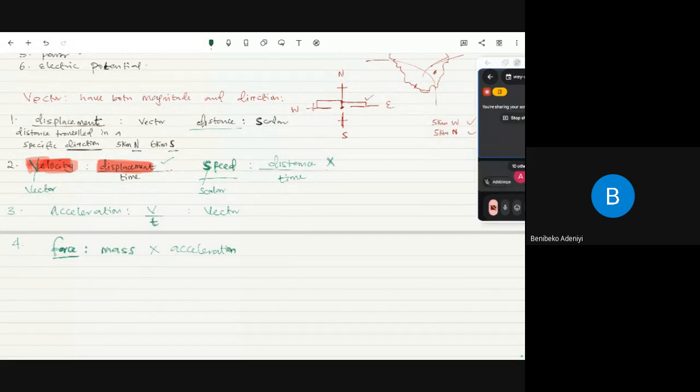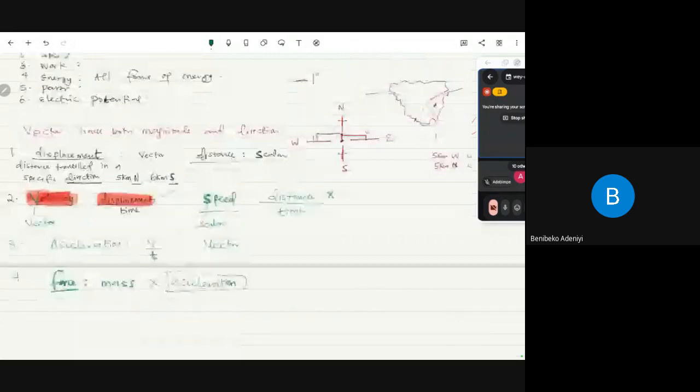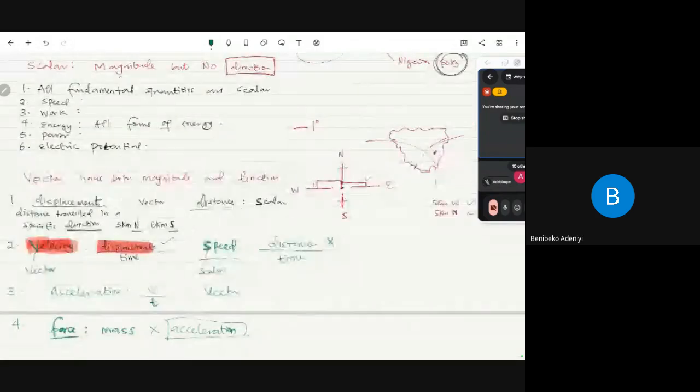Force itself has direction inside it. Apart from that, force also has acceleration, and it makes sense to talk about the effect of force in one angle or one direction. So force is a vector quantity.